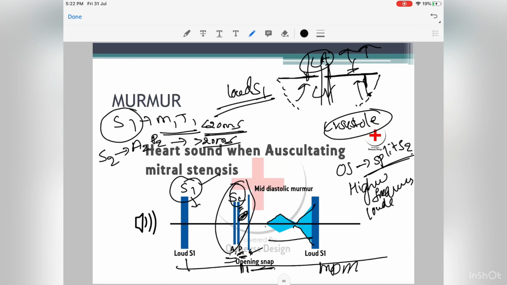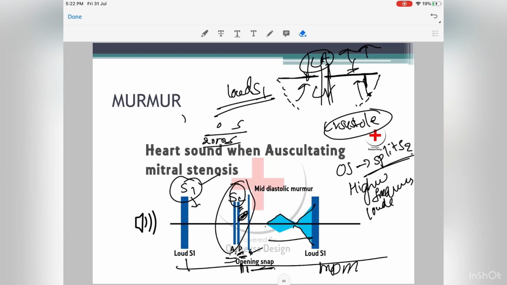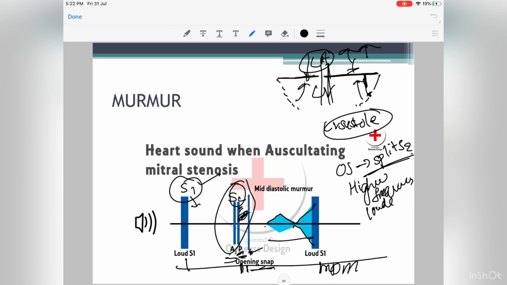If you hear this sound, you can see that there is one loud sound. That loud sound is S1. Just before the loud heart sound, you can hear some rumbling sound, that is the pre-systolic accentuation of the murmur. After that first heart sound, there is a gap, then you can hear two sounds. One is the second heart sound followed by a louder sound, that is the opening snap. After the opening snap, you can hear a faint murmur which gradually increases in intensity just before the louder sound again.